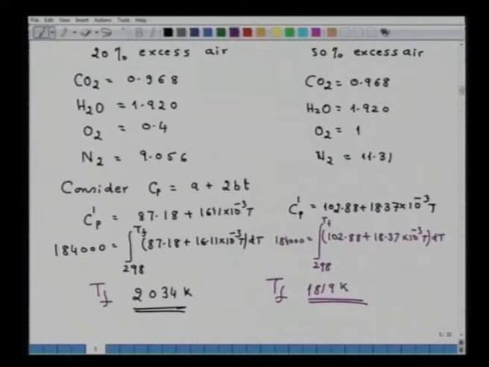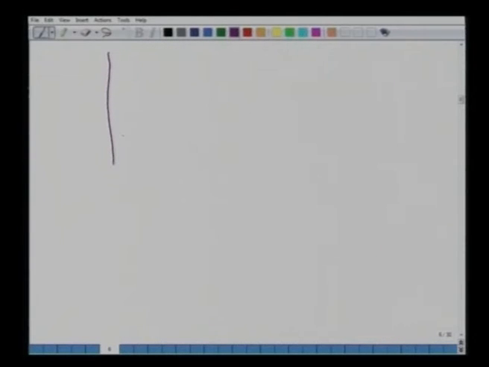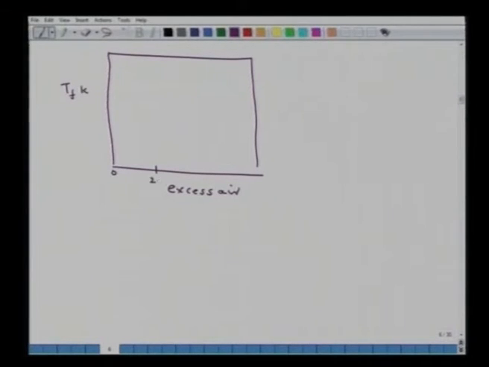So, for example, if we now plot excess air here and flame temperature in Kelvin here, you have to see what type of plot you will get. Plot 20%, 40%, 60%, and here say 1000 Kelvin, 2000 and 3000. So, 0% means no excess air, that is, the theoretical air.